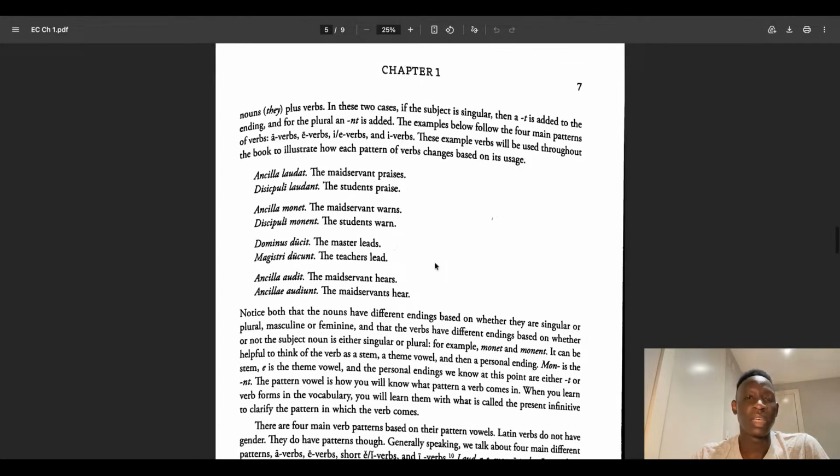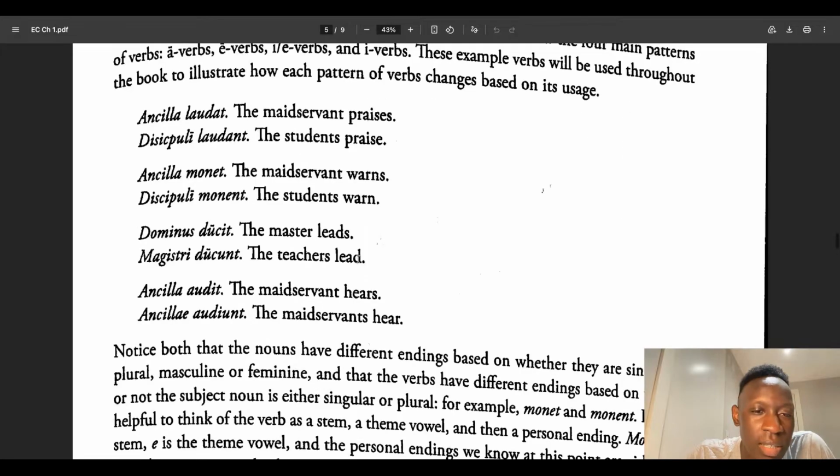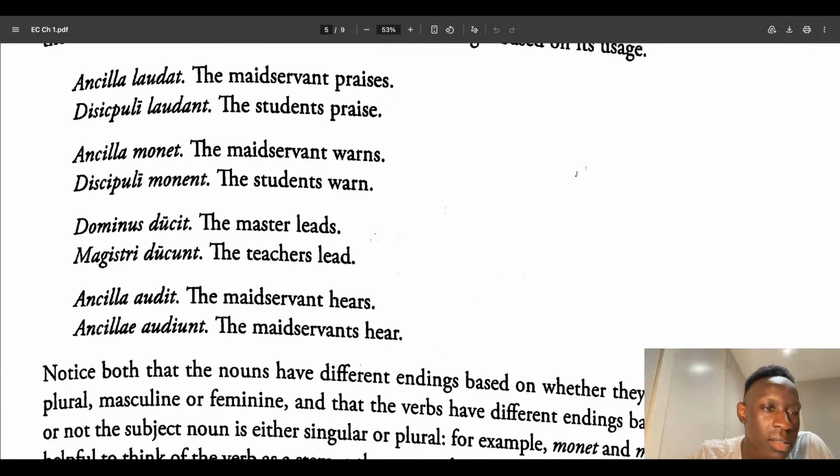Ancilla laudat, the maidservant praises. Discipuli. Why do I feel like this spelling is wrong? Discipuli.